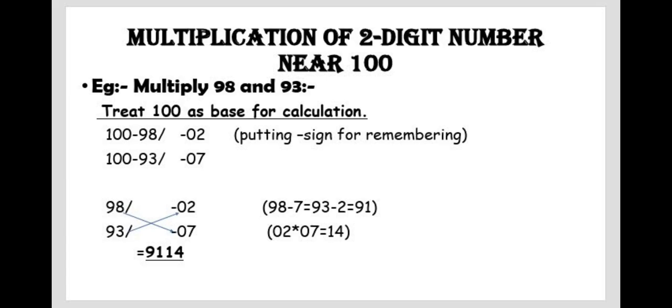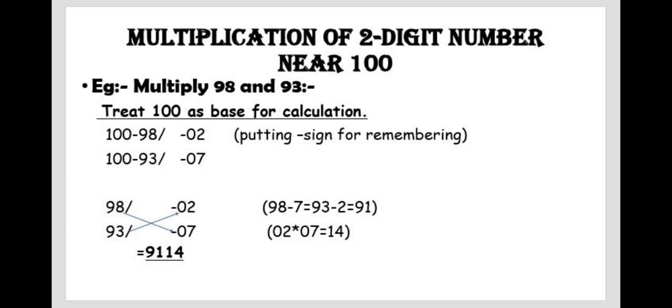Now we will put a minus sign in front of both results. As we are taking 100 as a base, the minus sign shows that 98 is lesser than 100.